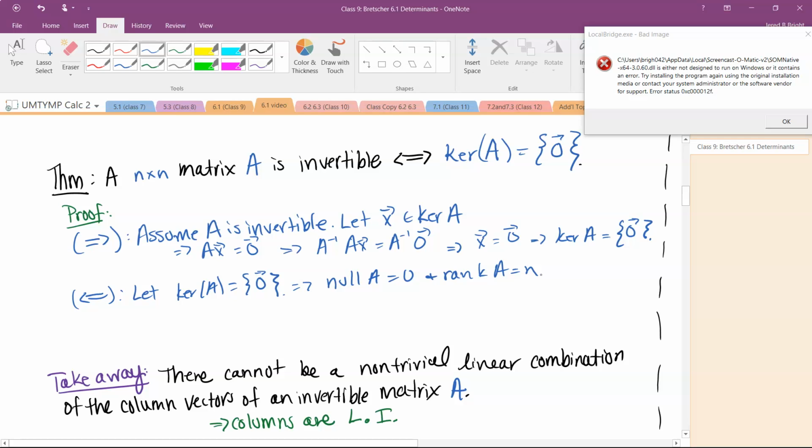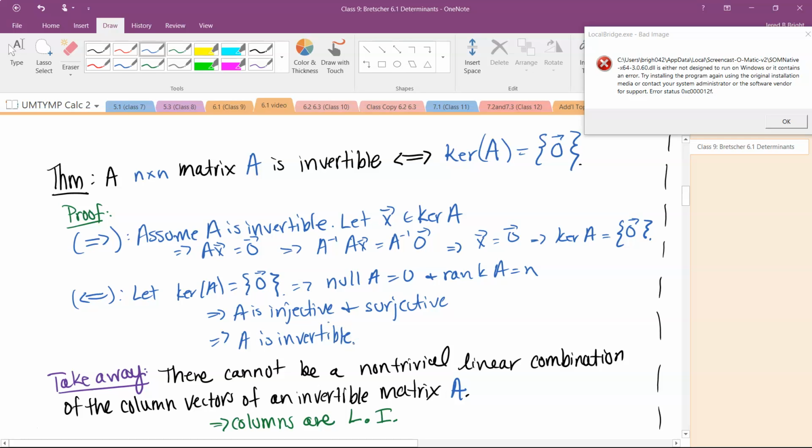Consequently, this means that A is injective and surjective. You might need to reason through that on your own a little bit, or ask in class. And then since it's injective and surjective, that means A is invertible.